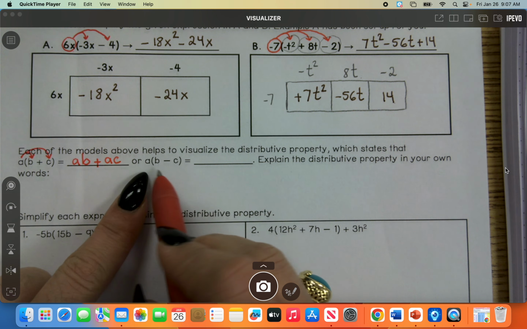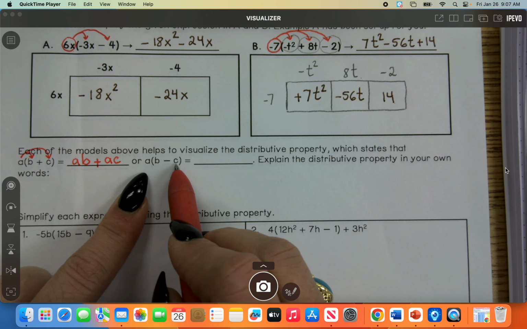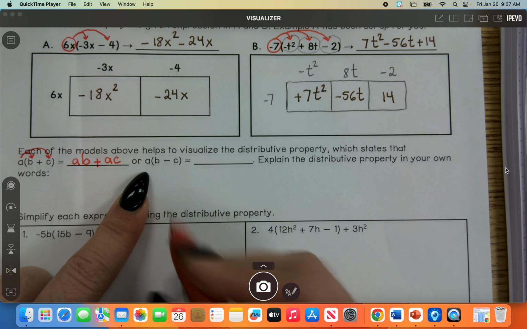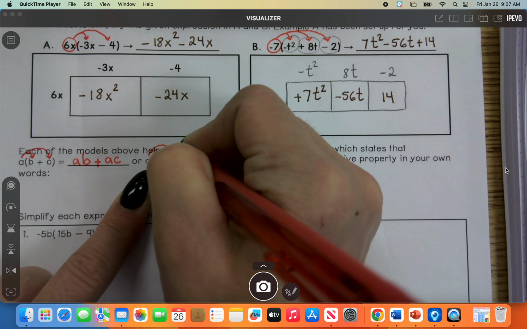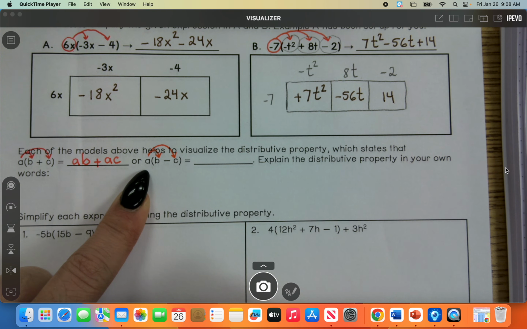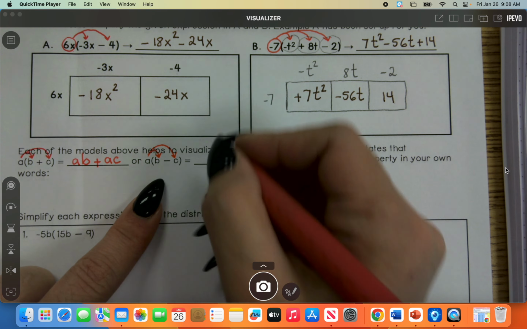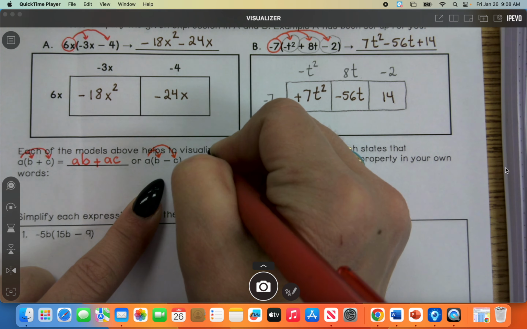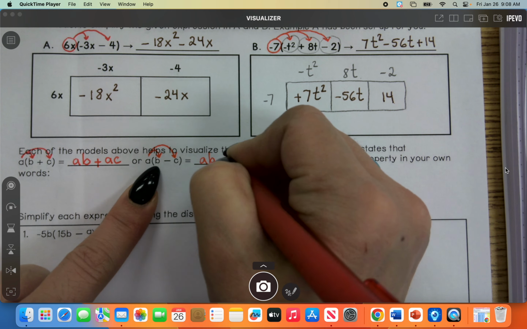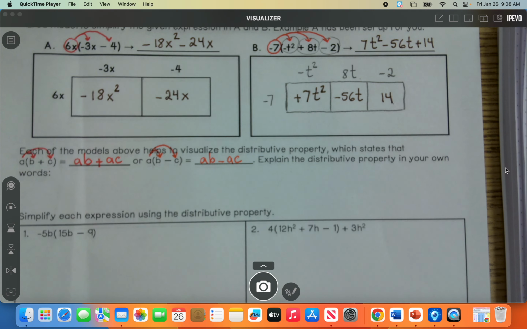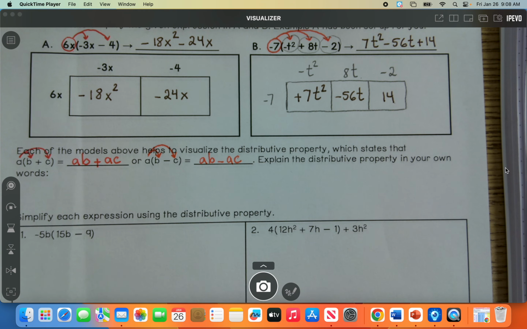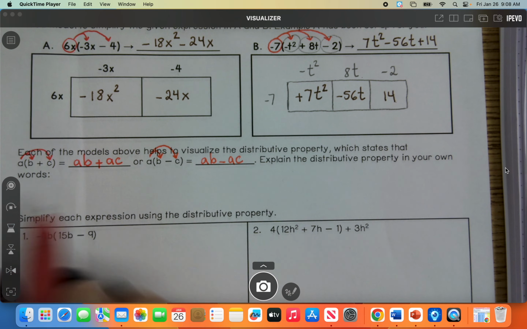Or A multiply B minus C, or B subtracted C. That means we distribute A to B and C, every single term inside of the parenthesis, and we would get AB minus A times C, which is AC. Explain the distributive property in your own words.